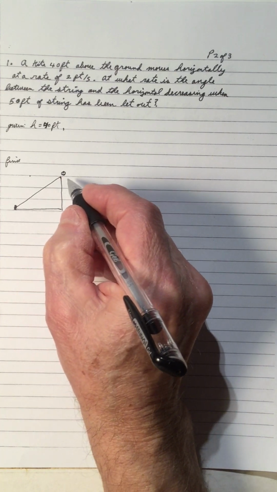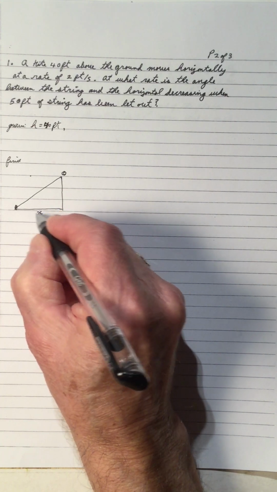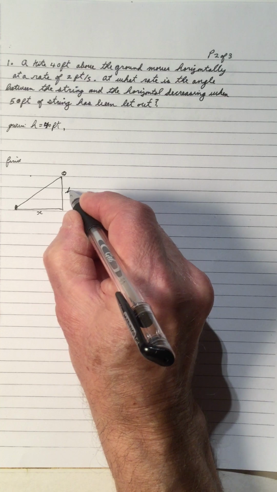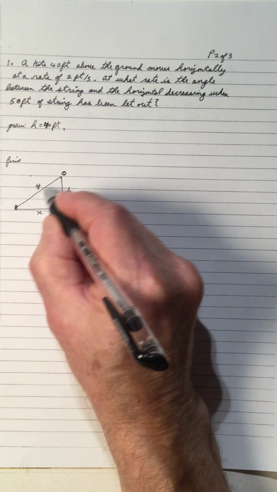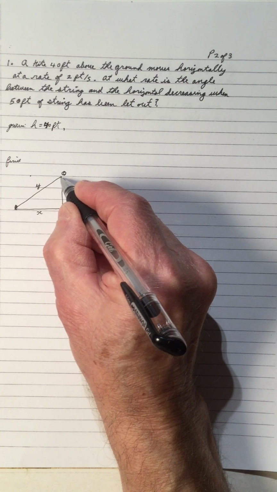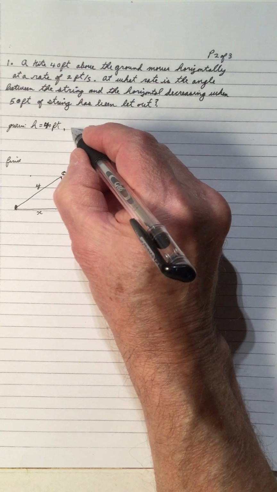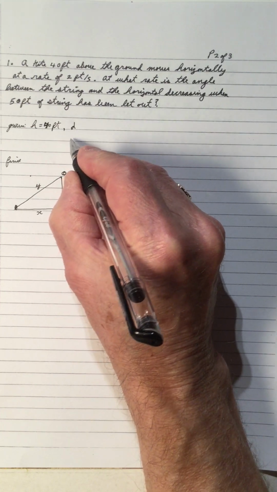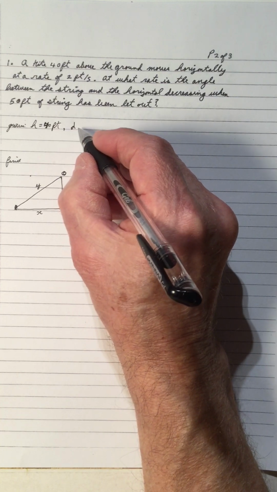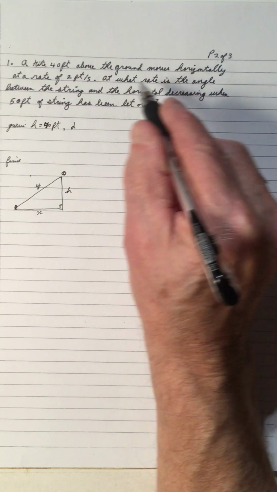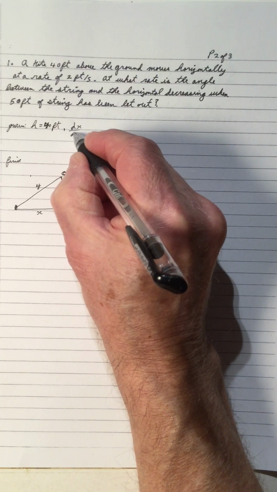So why I'm drawing this, because I want to let the horizontal distance along the ground be x, let the height of the kite be h, and let y be the distance from the person to the kite. So that means we want to find at what rate, we're given a rate, which is dx/dt.